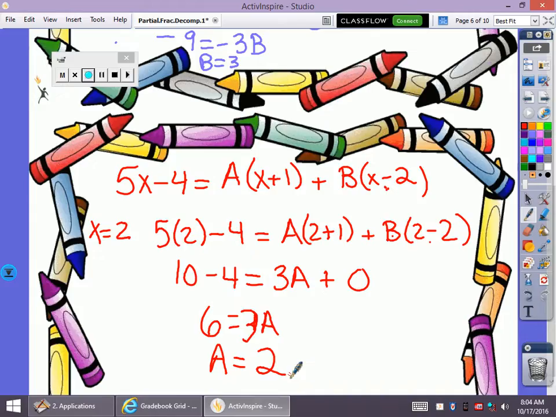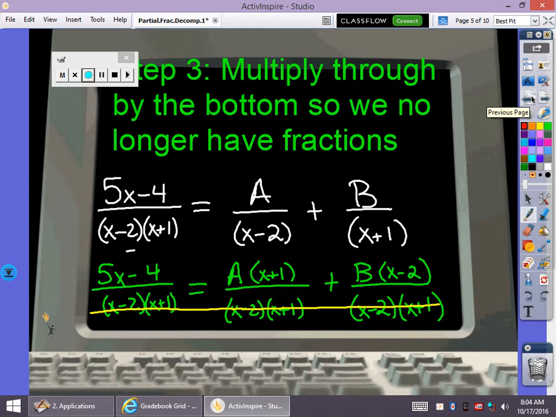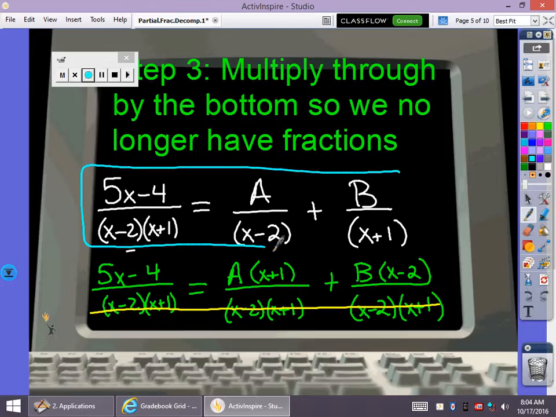All right, now all we need to do is write the final answer. Okay, so we are going to go back a screen. Remember that a is 2 and b was 3. I'm going to go right here.